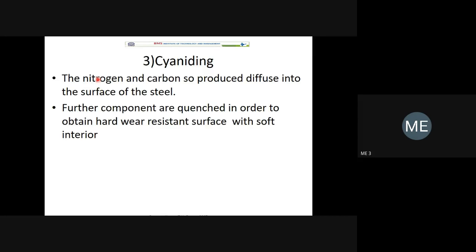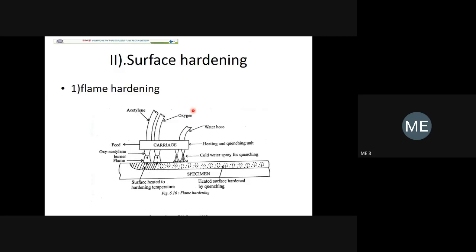Finally, we have nitrogen atoms and carbon atoms. Both will be diffused into the surface of the steel. Don't think that one is CN or cyanide. Both nitrogen as well as carbon atoms are diffused into the surface of the steel. Then it is referred to as the cyaniding heat treatment process.